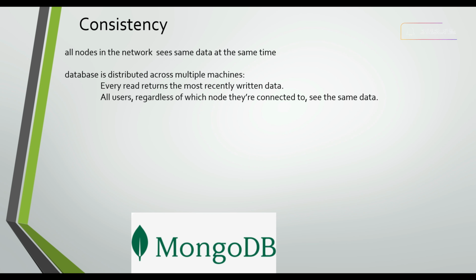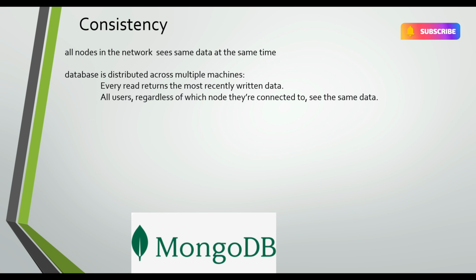If your database is distributed across multiple machines or nodes, consistency ensures that every read is going to return the most recently written data only.